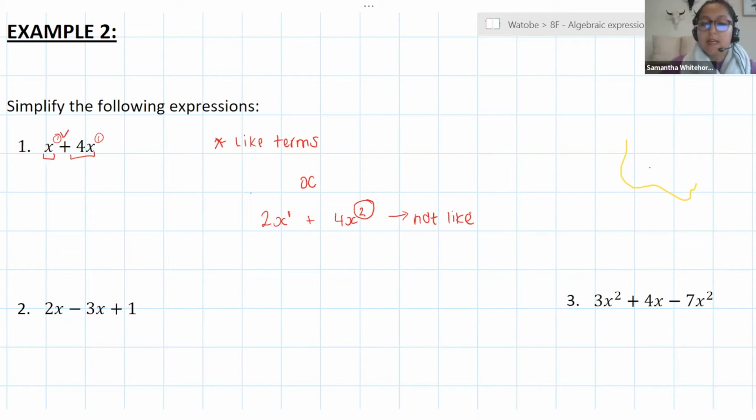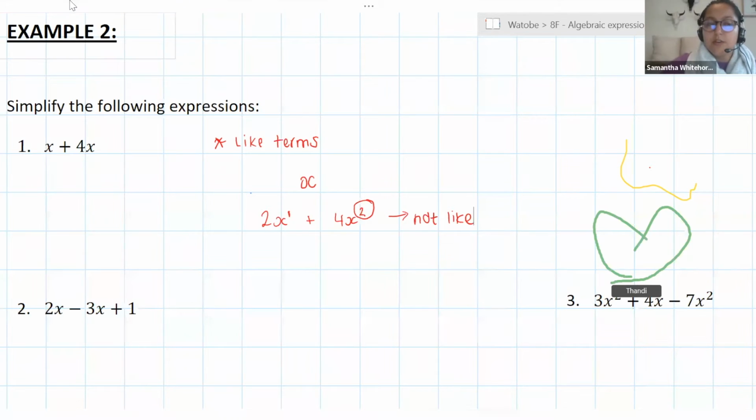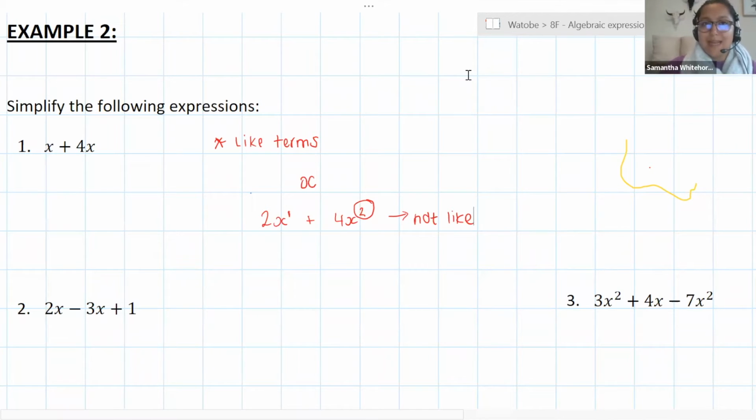Now, if you struggle with adding when we've got variables, don't stress, it's absolutely fine. My advice would be to draw a little number line for yourself, especially when we start working with negative numbers. And you'll see that when we get an example, I'll use a number line. But what is really important to remember is that when we add like terms, the exponent of the variable will never change.